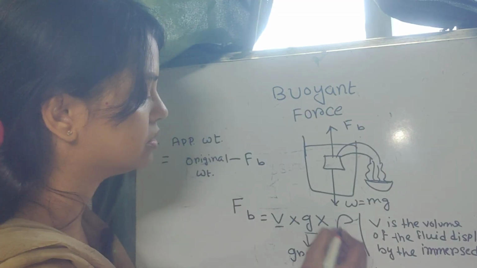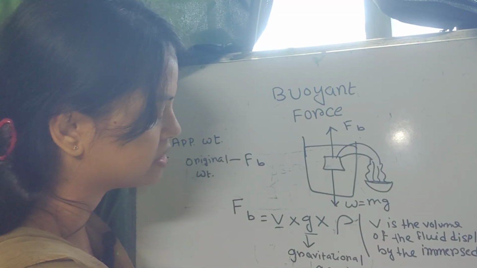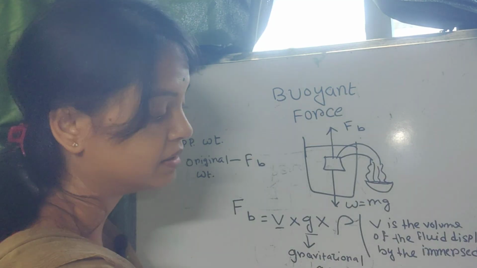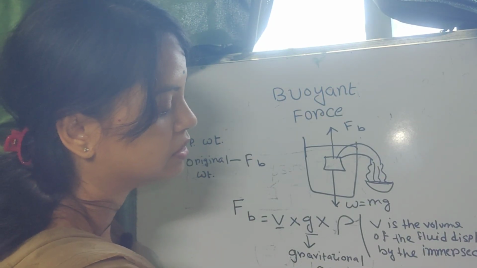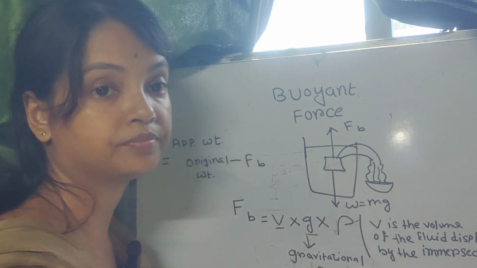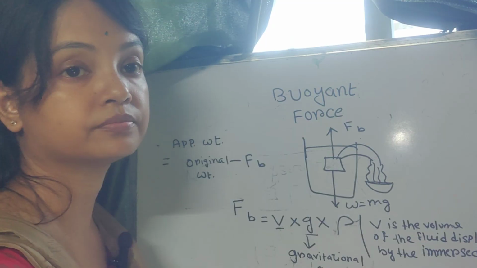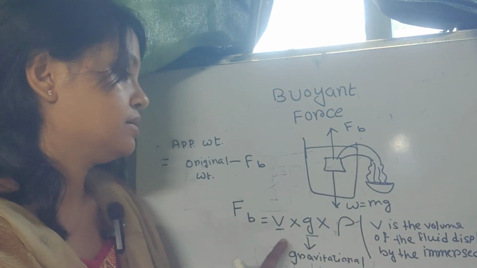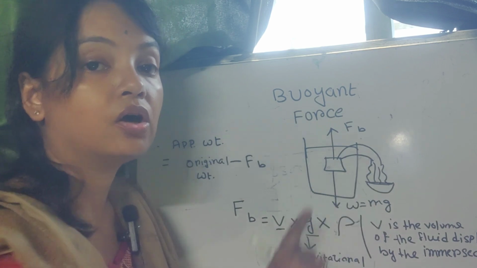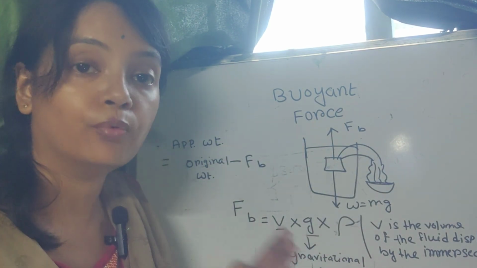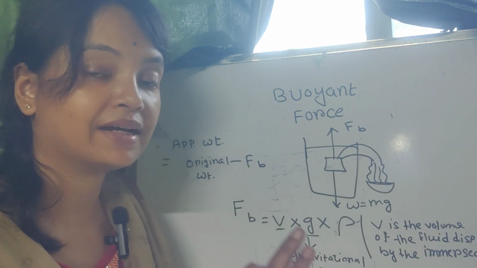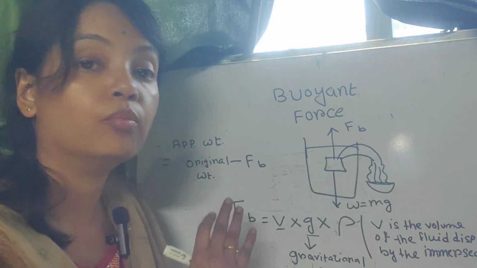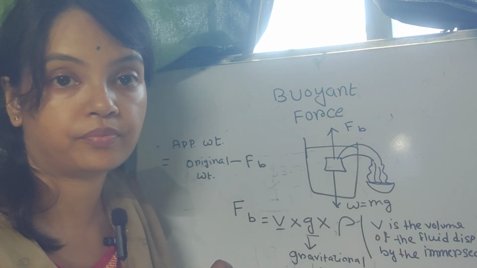Rho is the density of the liquid. Now, the weight of this displaced water is exactly the same as the buoyant force.